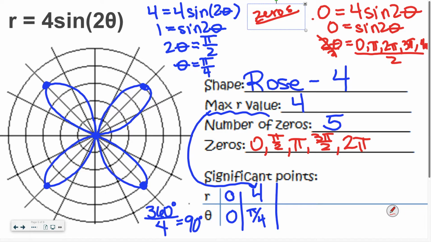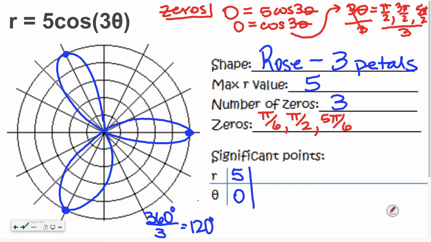You always need to begin by plugging 0 in for theta. If you begin at the pole, you need to figure out where your first petal is by plugging that max R value in. If you have your first petal, like we did with this one, you can just go, making sure your petals are evenly spaced apart.